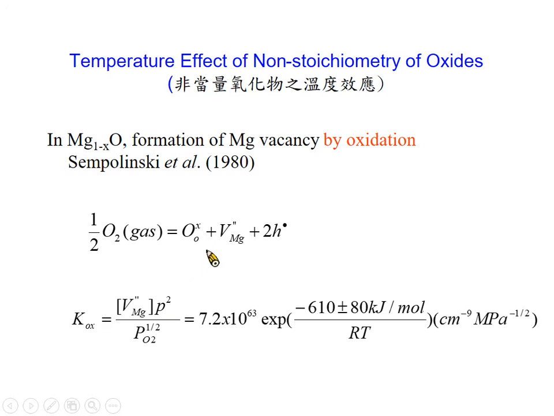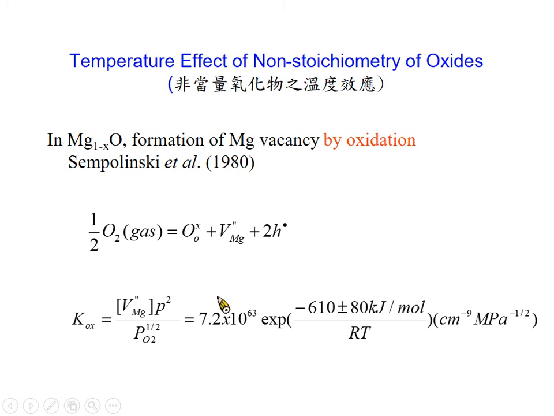We have the species on the right of the reaction equation: the magnesium vacancies times p, representing the holes, squared, divided by the oxygen partial pressure to the one half. So we can get something like this.